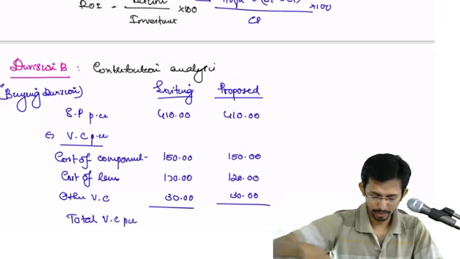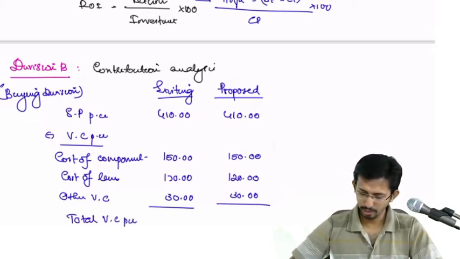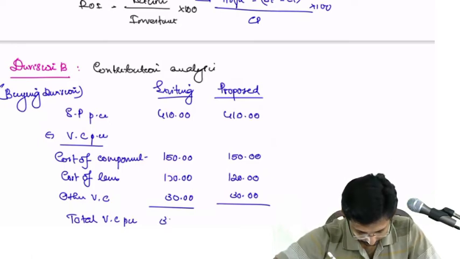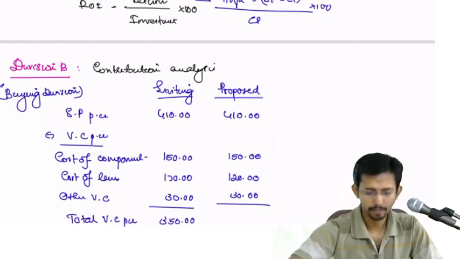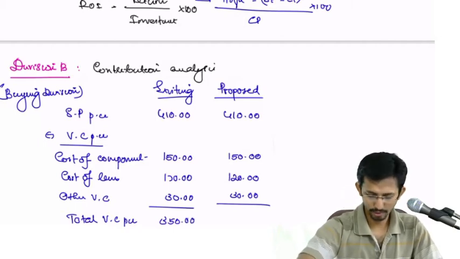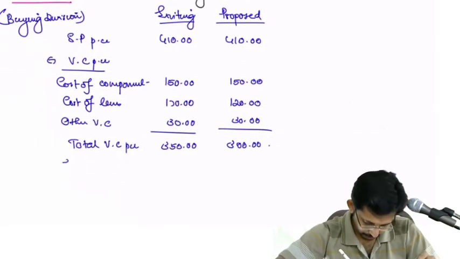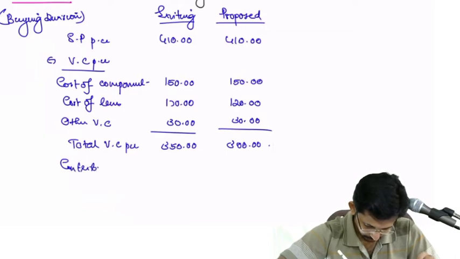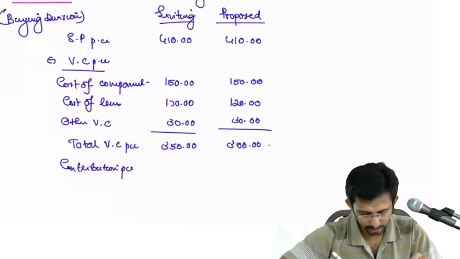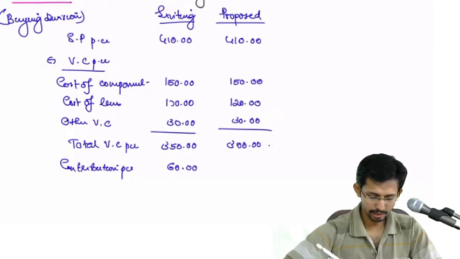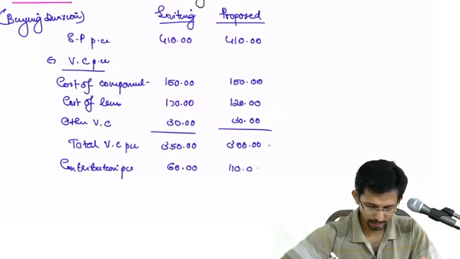Total variable cost per unit will be 150 plus 170 plus 30 will give you 350, and here 150 plus 120 plus 30 will be 300. So contribution per unit. Contribution per unit, in the first case it will be 60 per unit, and in the proposed situation, revised situation, it will be 110 per unit.